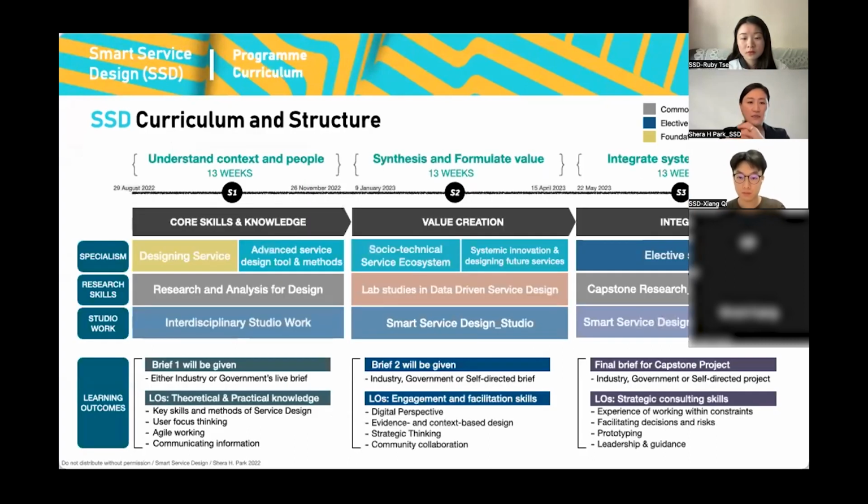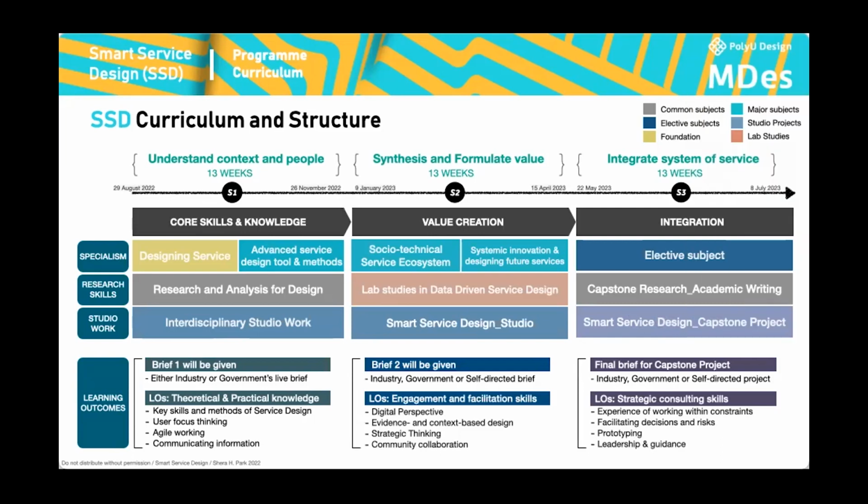And I'm going to explain the full-time mode, which consists of 3 semesters. The first semester is a very intensive semester. Each of the three semesters runs for a certain number of weeks. The subject of the SSD specialism focuses on key knowledge of the SSD. It consists of lectures, workshops, seminars, and dedicated tutorials.